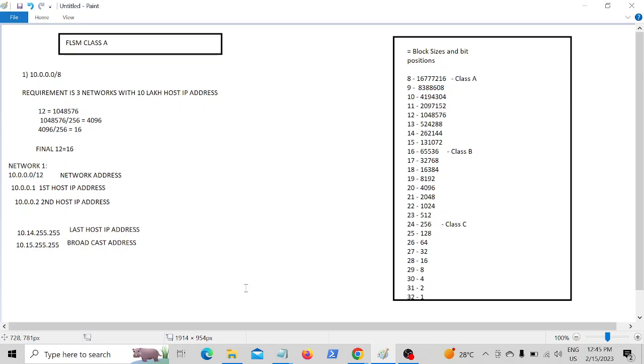So what will be network 2? Anybody? What will be network 2?